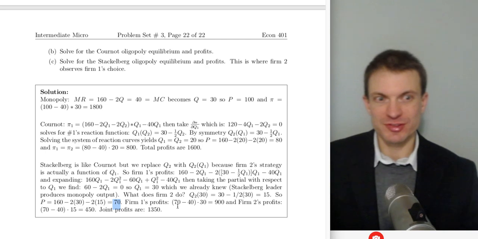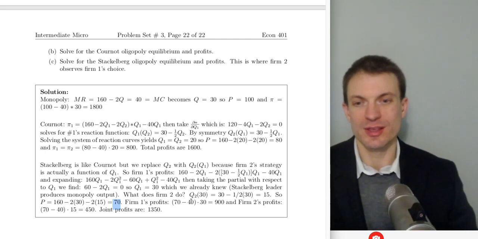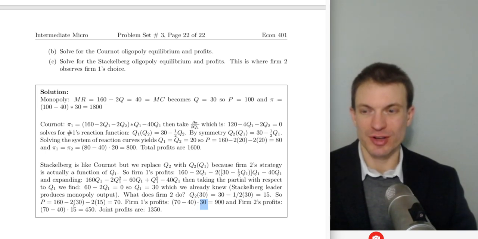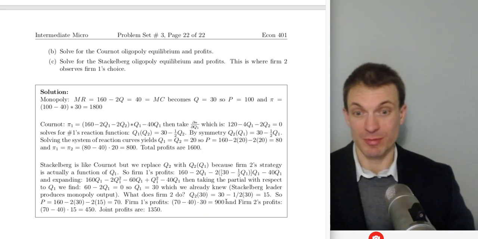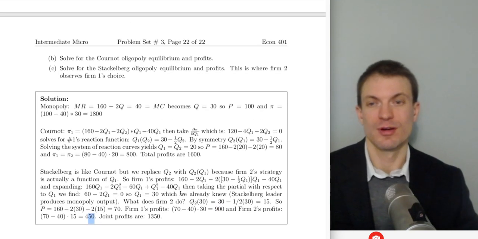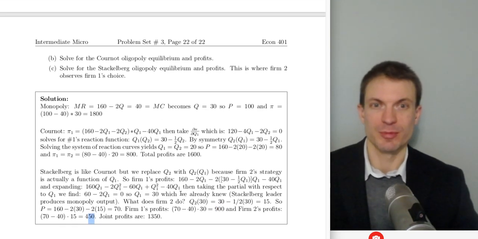Firm 1's profits are going to be 70 minus 40, or 30, times the quantity 30, which is 900. Firm 2's profits are going to be 70 minus 40, which is 30, times 15, which is 450. So joint profits, just summing up industry profits right here, are going to be 1,350. Right, and that's our solution for our Stackelberg problem.